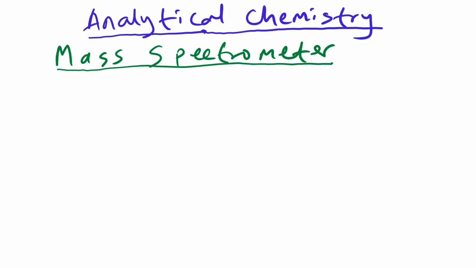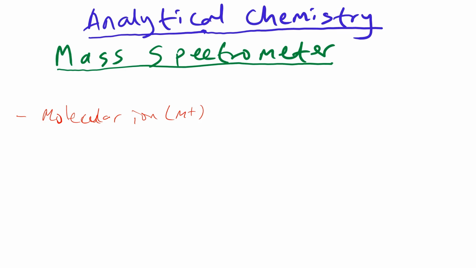Okay, so to get started, there are a couple of things you need to know before you are able to analyze a mass spectrum. And they are the molecular ion, that is the M plus.